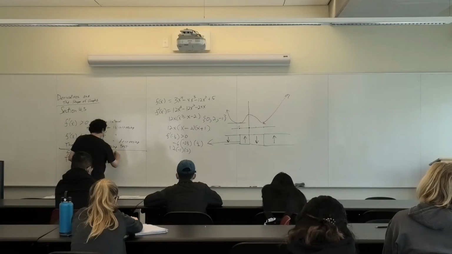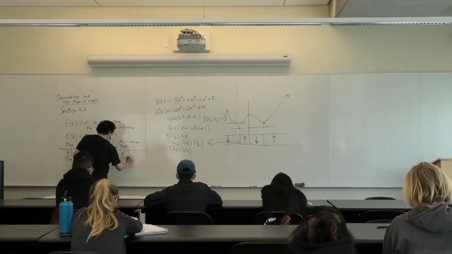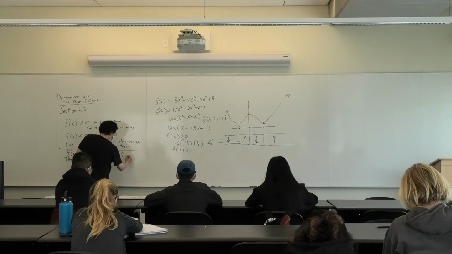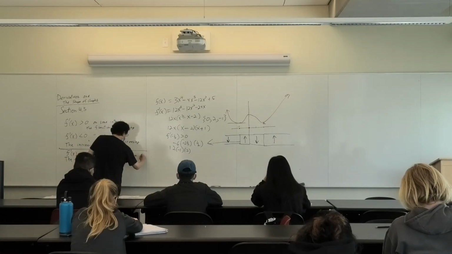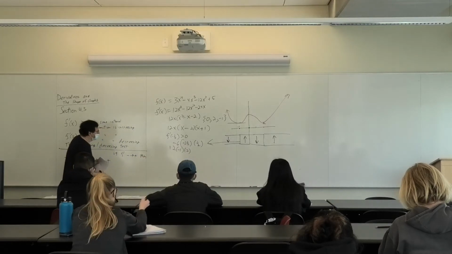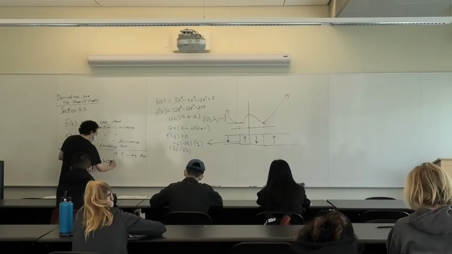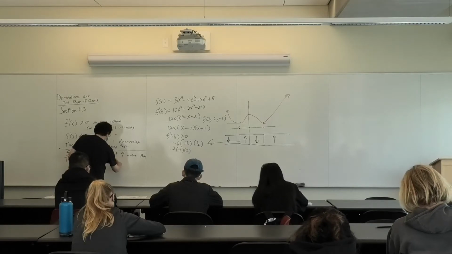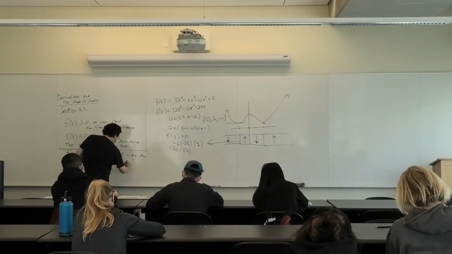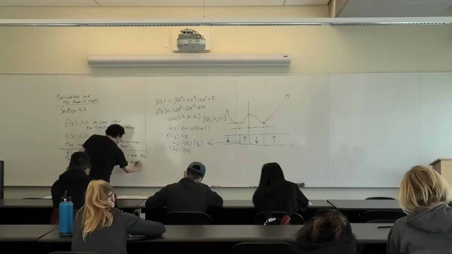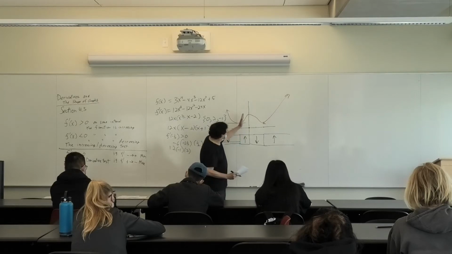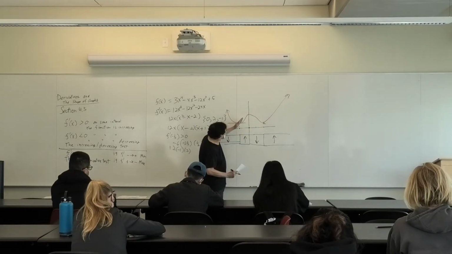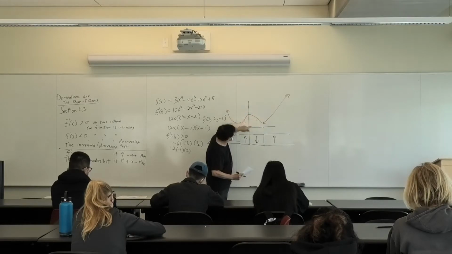So if f prime goes from negative to positive, it's a minimum. Similarly, if f prime goes from positive to negative, it's going to be a maximum. So here we see, in this region, the derivative is positive, but then it becomes negative after the 0.